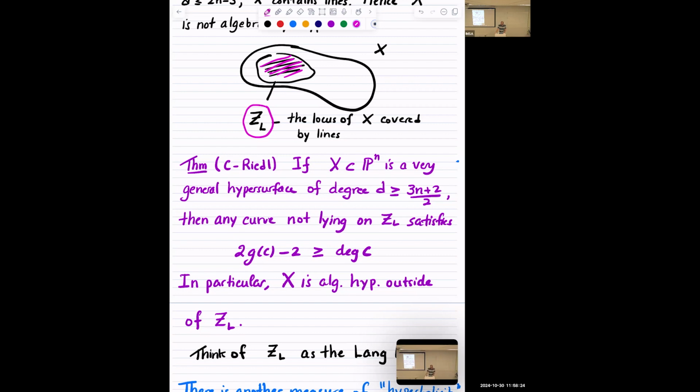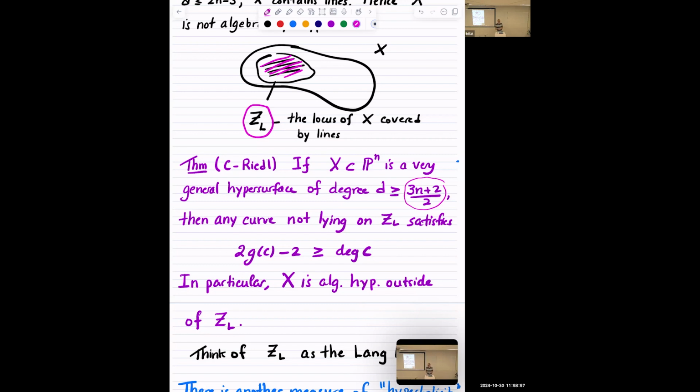I'll maybe emphasize this more as we go along, but it would be interesting to lower this degree (3n plus 2) over 2 and understand what happens. Maybe a natural next step is to make the degree a little bit lower. If I go below 3n over 2, then I expect the hypersurfaces will also contain conics.